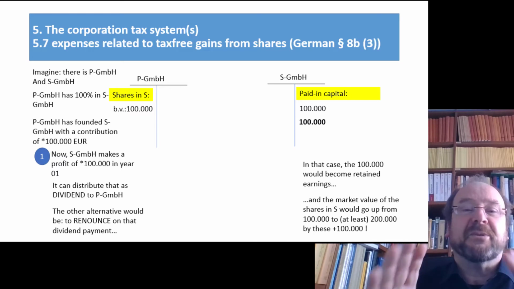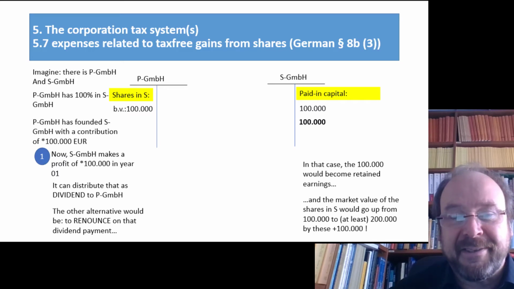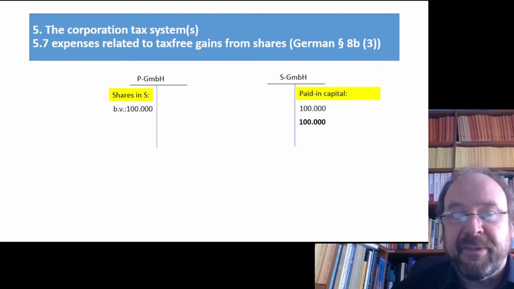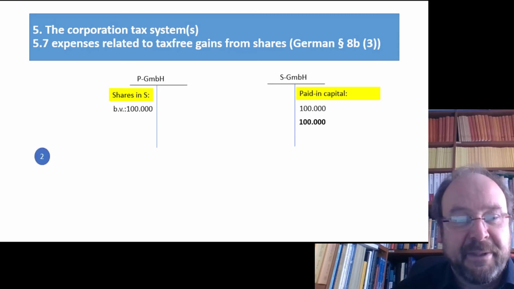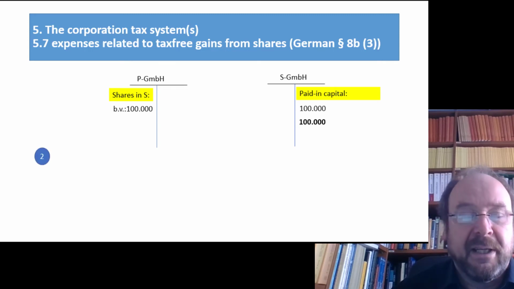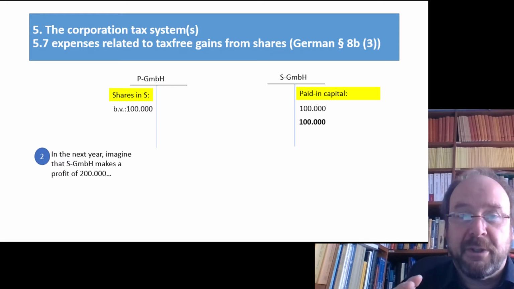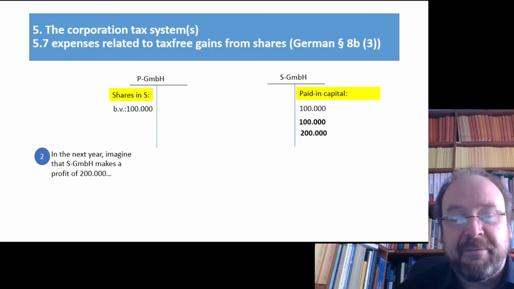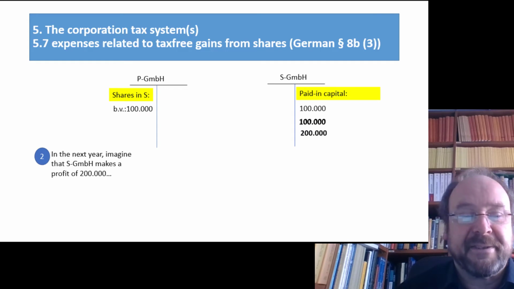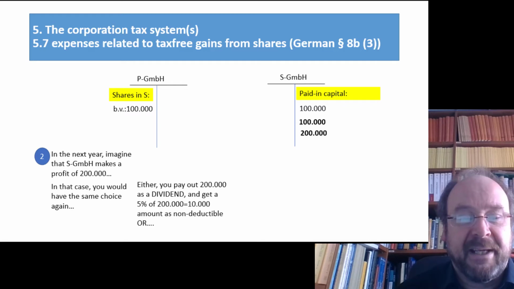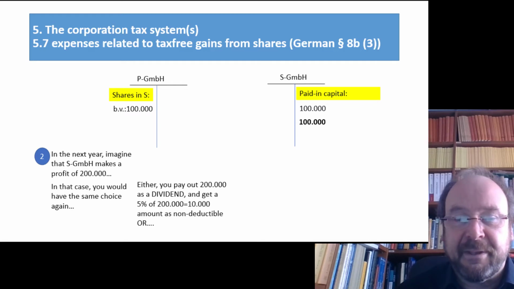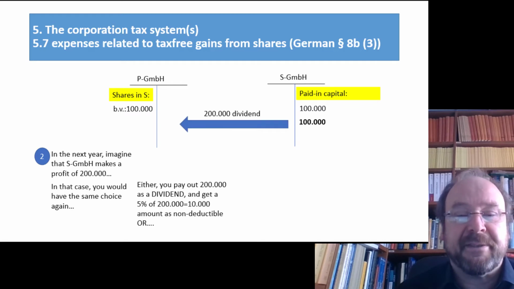The money is stored in the form of retained earnings in S GmbH. Well, next year, this is the starting situation. Then next year, S GmbH surprises us by making a profit of 200,000. Again, we have the two alternatives: we could either pay that out in the form of a dividend of 200,000.